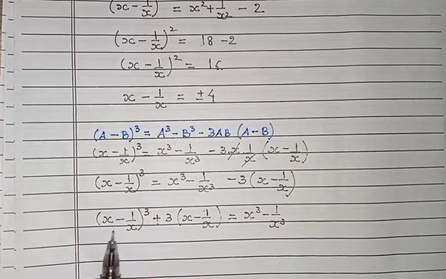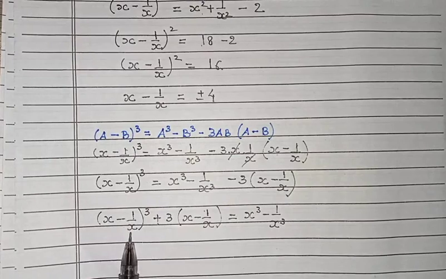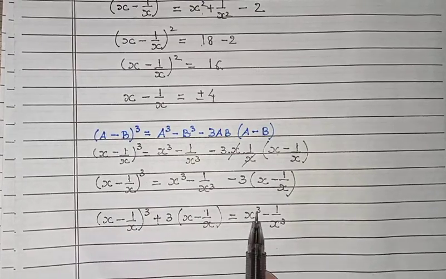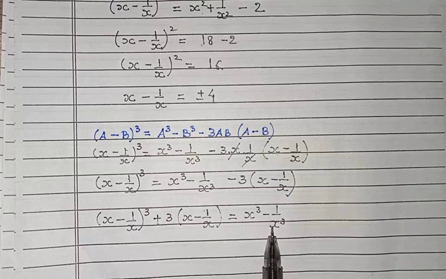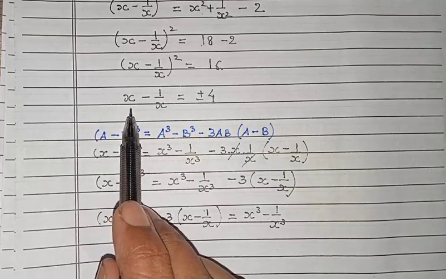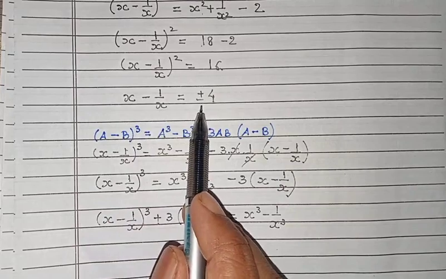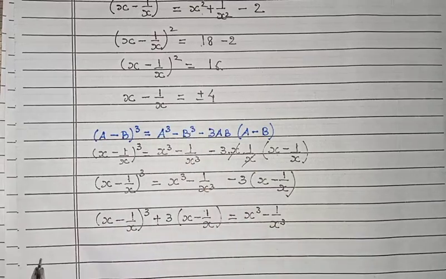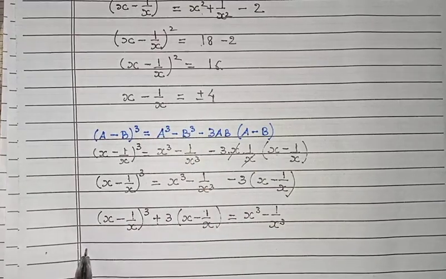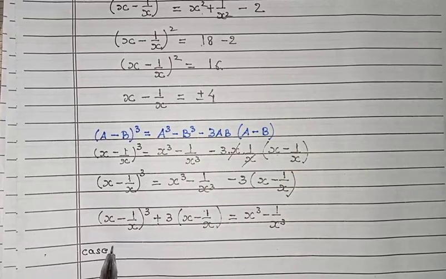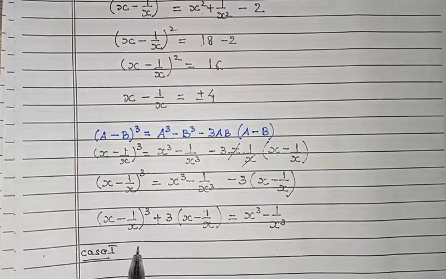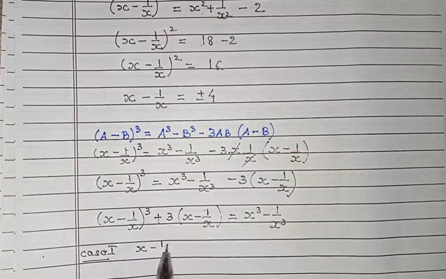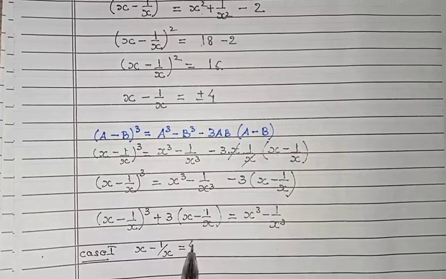Now here we will substitute the value of x minus 1 upon x to get the value of x cube minus 1 upon x cube. Now as x minus 1 upon x has two values, plus 4 and minus 4, we will solve two cases. In case 1, we will consider x minus 1 upon x as plus 4.